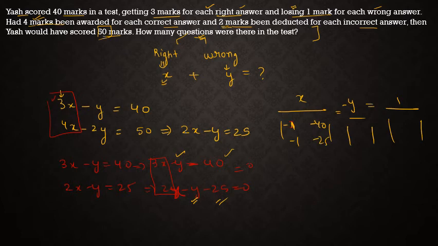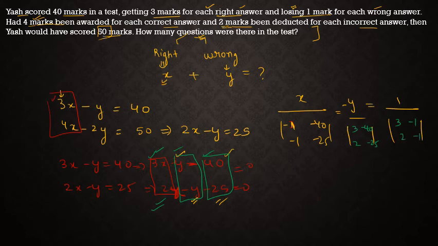So you have to hide your y part and have 3, minus 40, 2 and minus 25. Then here you have 3, minus 1, 2, minus 1. Correct.